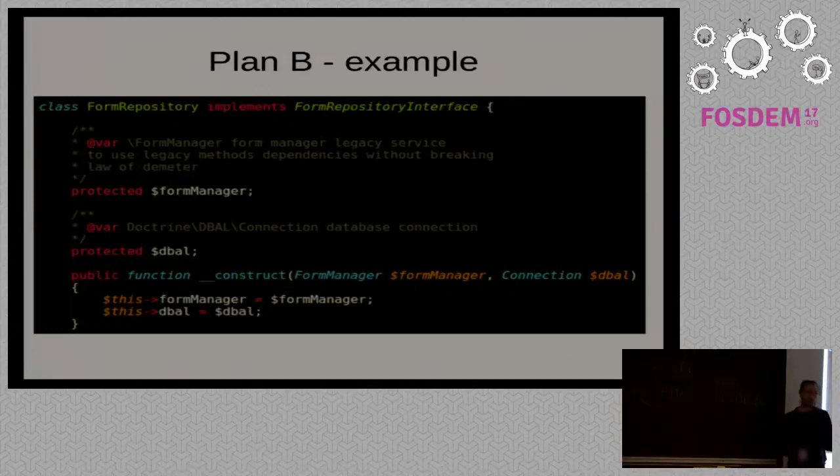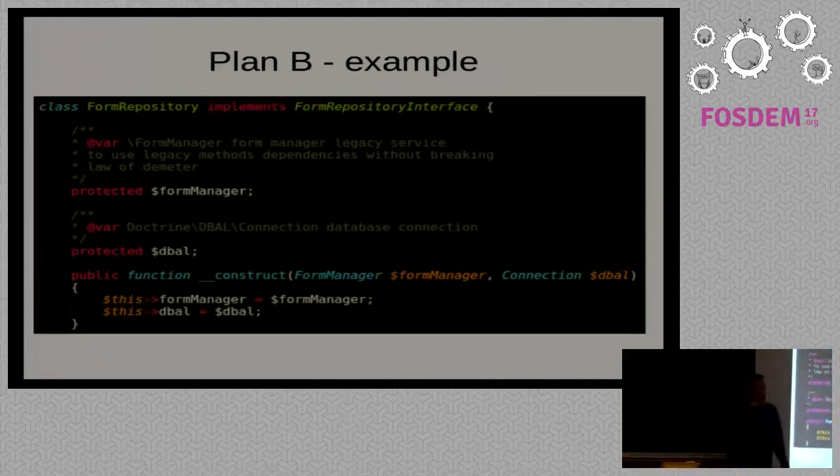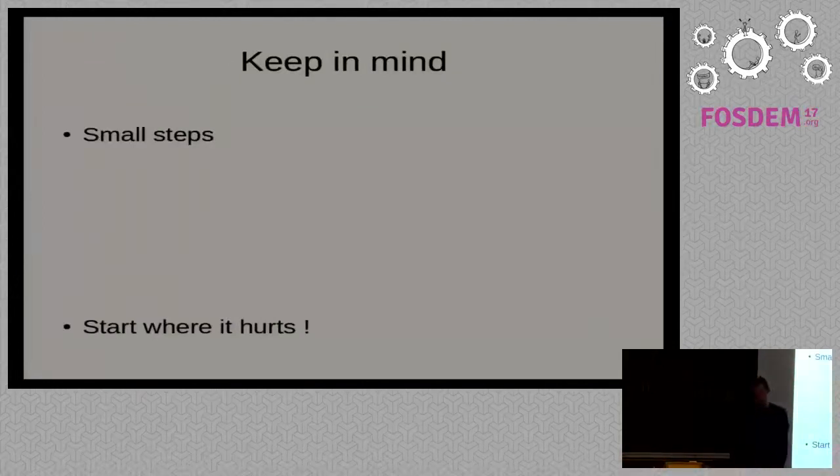I can just remove it smoothly, and the dependencies will be your next targets. And when you have no dependency anymore, you can remove the form manager from your new service, and you're good to go. So keep in mind small steps.